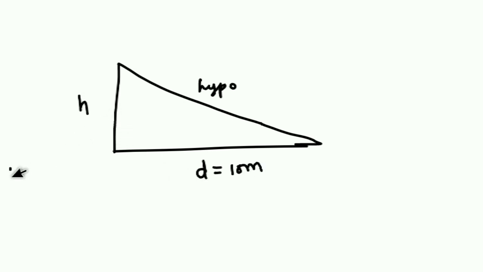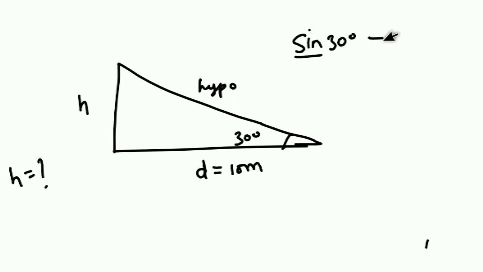We have to find this h, and this angle of elevation is 30 degree. The person is watching the top of the building at a 30 degree angle. Now we can solve this using trigonometric formulas. Let's consider sine 30 degree. You can take any trigonometric ratio; here I am using sine 30 degree. You can also use cos 30 degree or tan 30 degree.